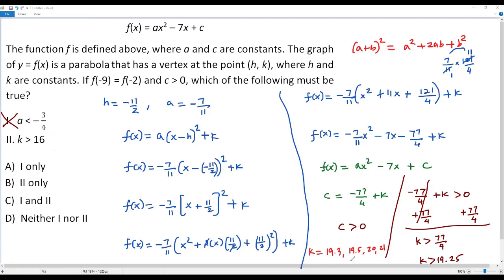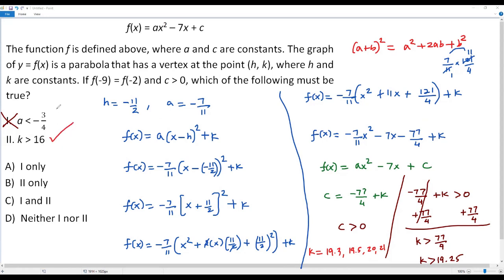Now we have to check whether the values we have taken for k will satisfy the inequality in the second statement. 19.3 will satisfy this inequality because 19.3 is greater than 16. So all the values we have for k will be greater than 16. So the second statement is true.